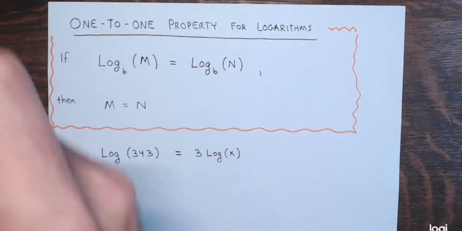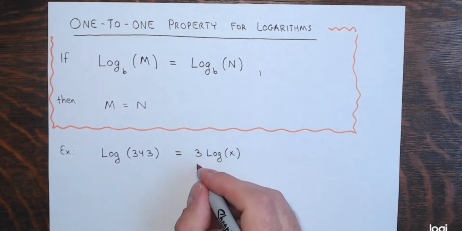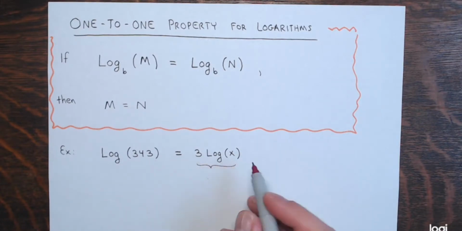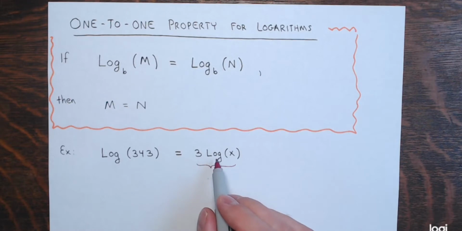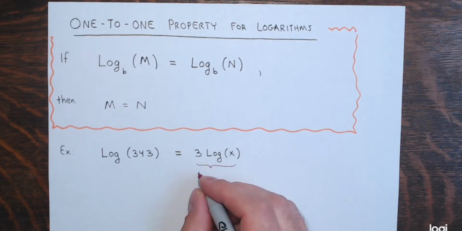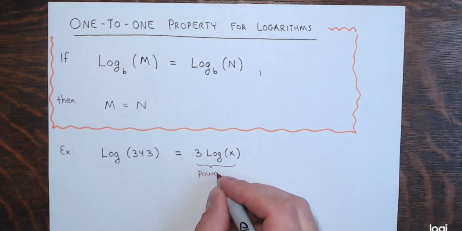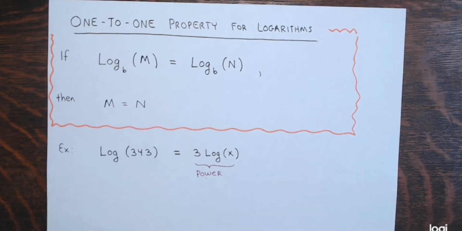So that's what I'm going to write here. This expression on the right, to get it to be just a logarithm and not a logarithm times 3, I'm going to use the power property. Right, I'll just say power there.